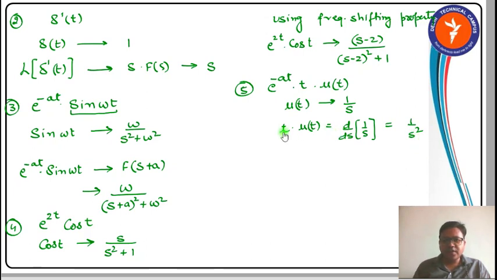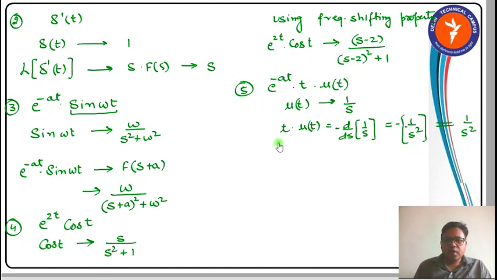The property is that when we multiply any function with t, we get the negative differentiation of F(s). The negative differentiation of 1 by s will be minus 1 by s square with a minus, so this will give 1 by s square. So the Laplace transform of t u(t) is 1 by s square.